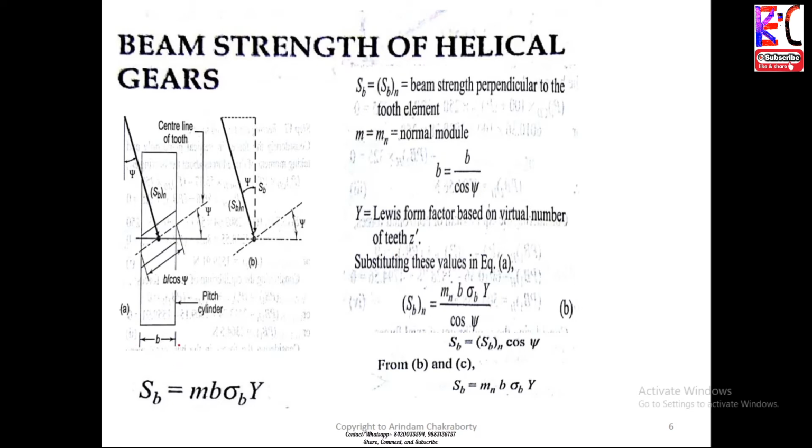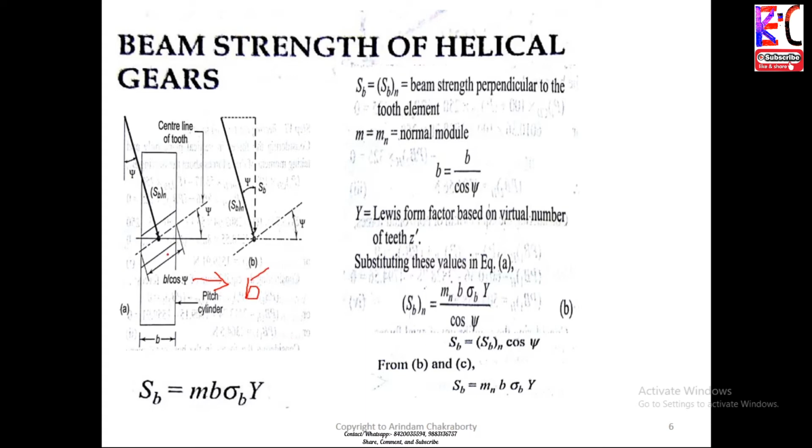So let me keep this as B, and why it is given as B cos alpha, I will be telling you. Let us consider this to be B cos alpha, or I could term it as B dash.